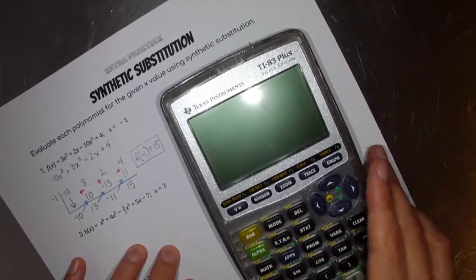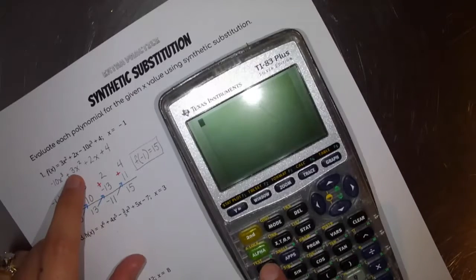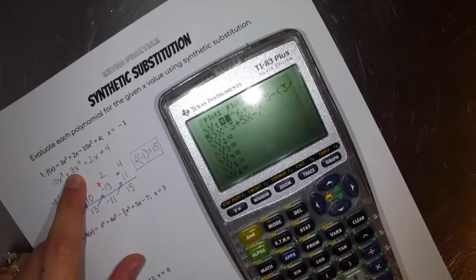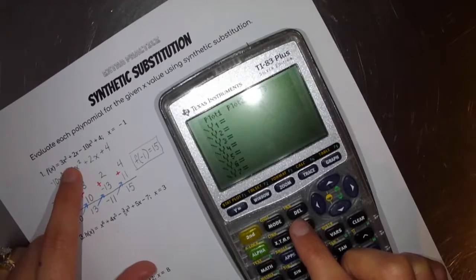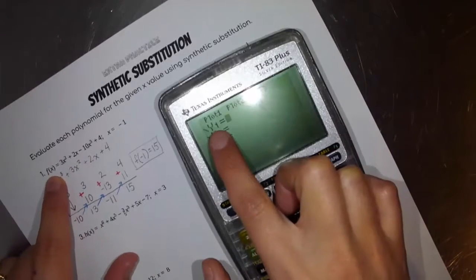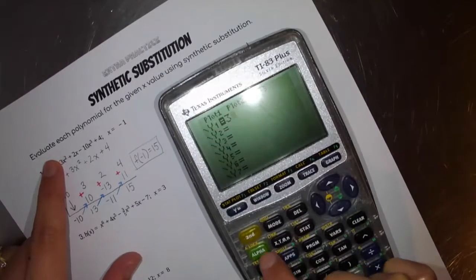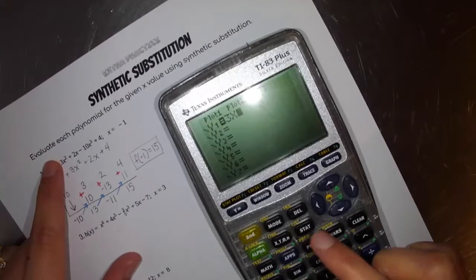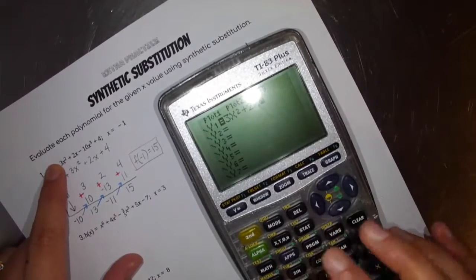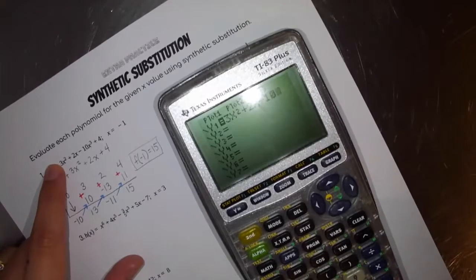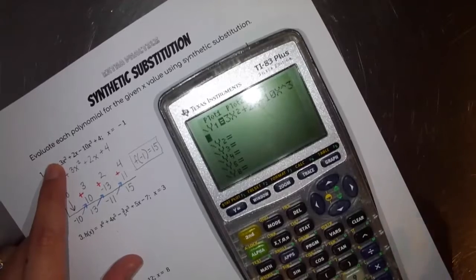If you're using the graphing calculator, you would go to y equals, and we're going to type in this equation. You don't need the f of x, that's the same thing as y. Starting with 3x squared, plus 2x minus 10x to the third plus 4.